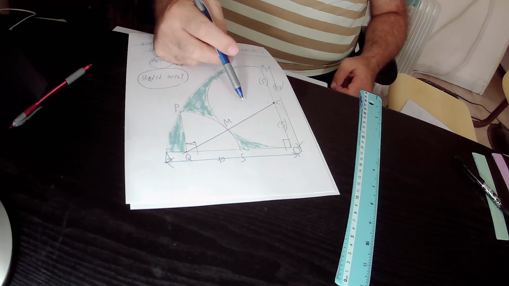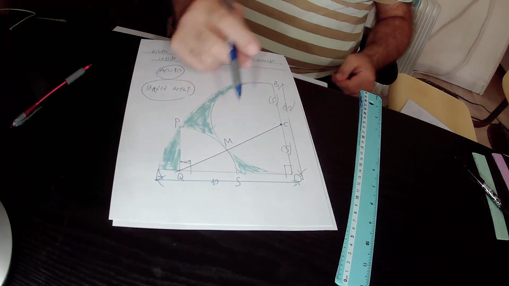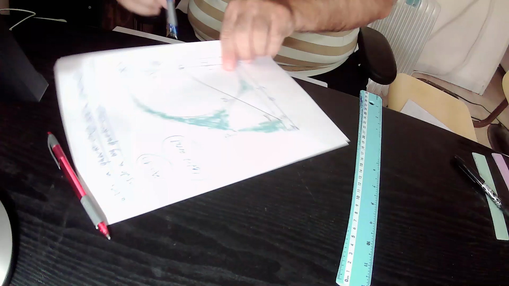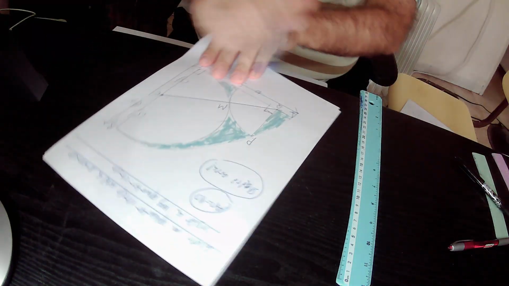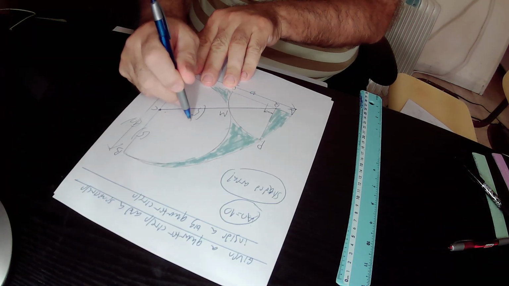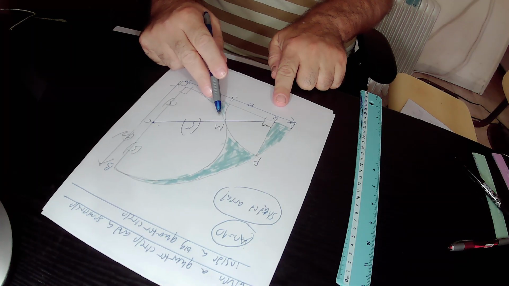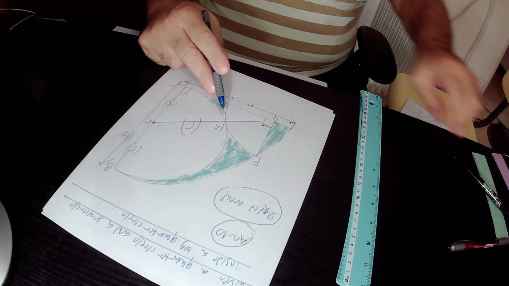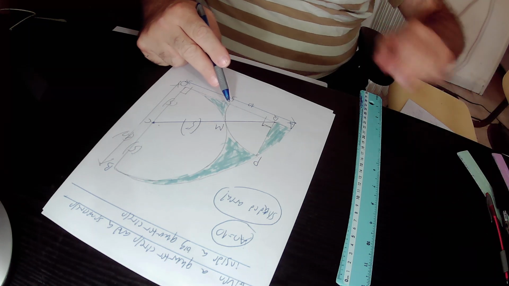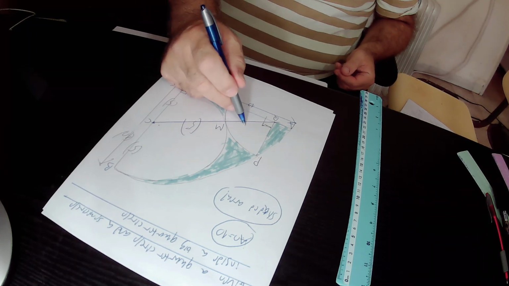CM is the radius of this semicircle that equals 5. So CM equals 5. Plus QM. QM is the radius of this small quarter circle. We define the radius of this small quarter circle as x. So QM equals x.